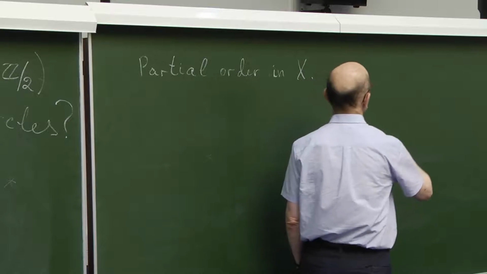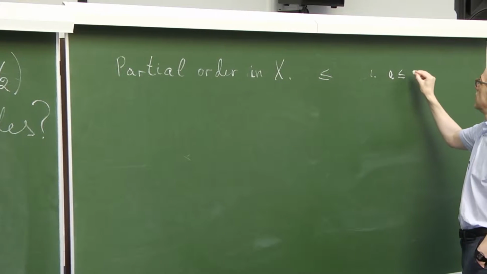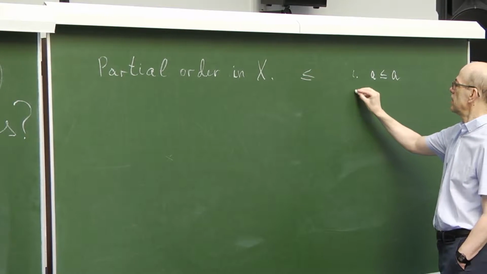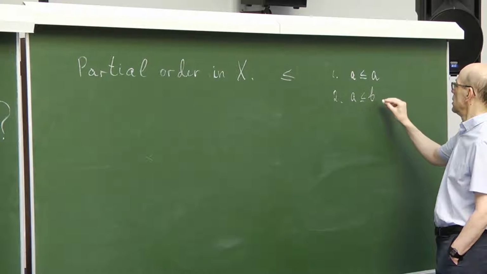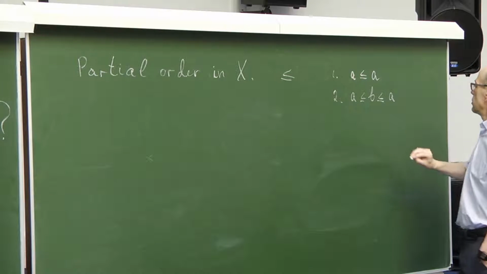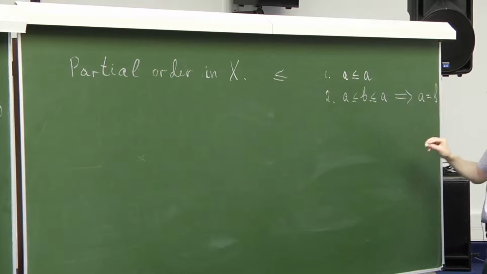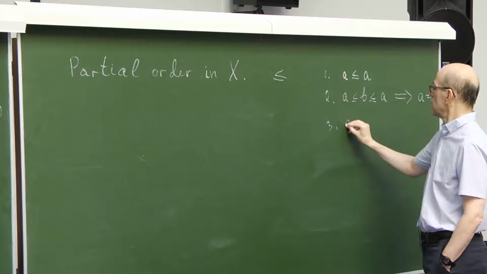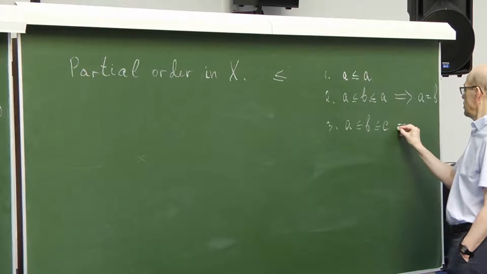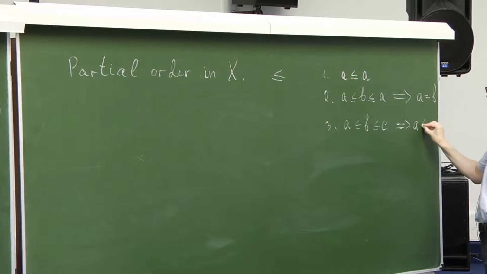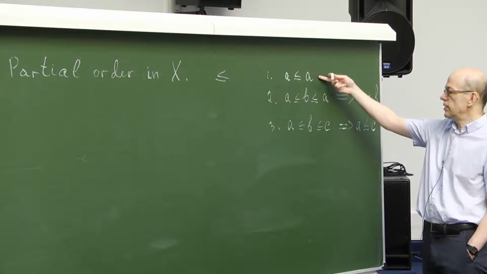That is a binary relation such that, first of all, any element is smaller than or equal to itself. If A is smaller than or equal to B, and B is smaller than or equal to A, then they are equal. And if A is smaller than or equal to B, and B is smaller than or equal to C, then A is smaller than or equal to C. And this, of course, is called reflexivity.